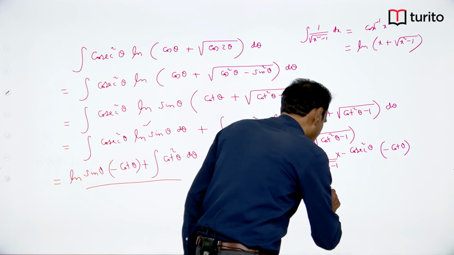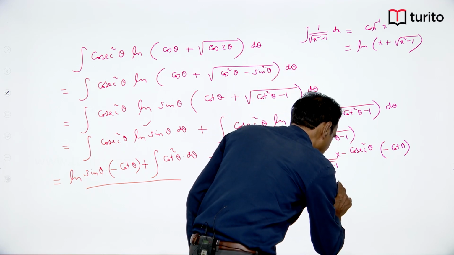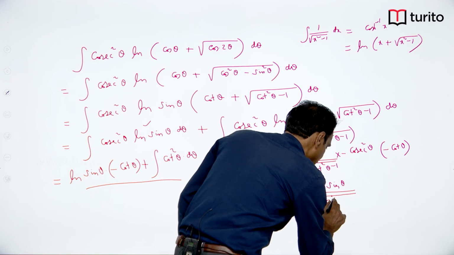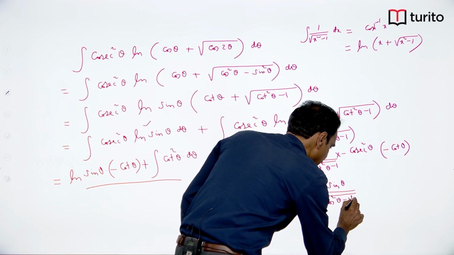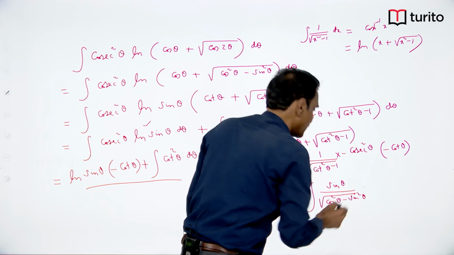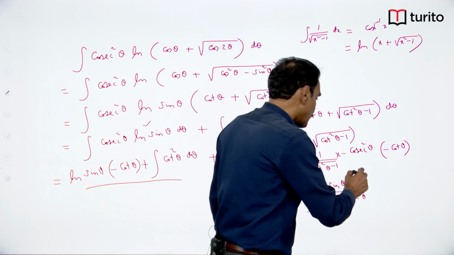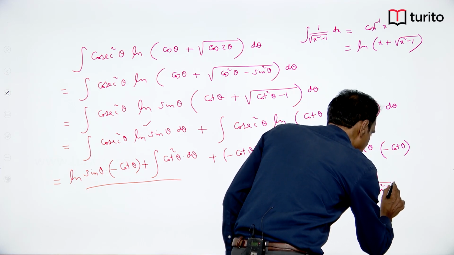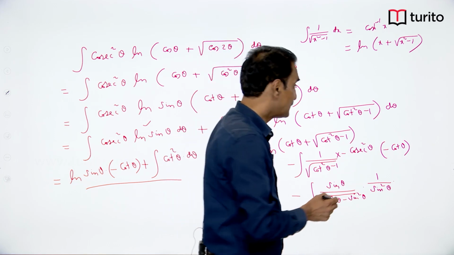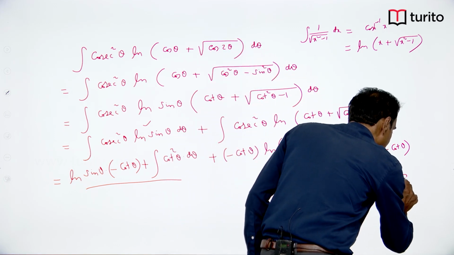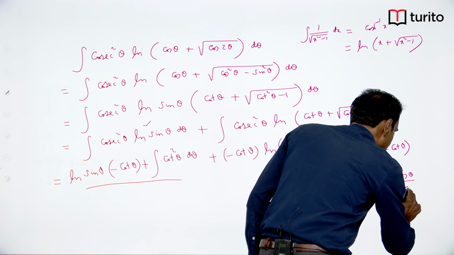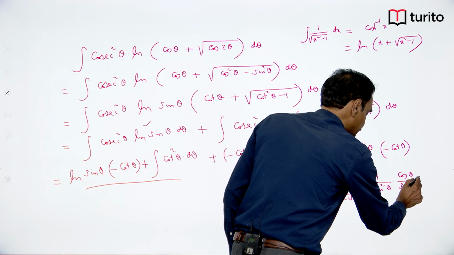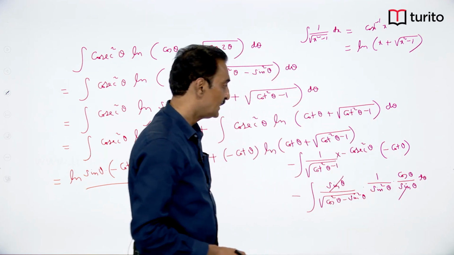So sin theta will come up by root over cos square theta minus sin square theta into 1 by sin square theta into cos theta, cot theta is cos theta by sin theta. Sin theta cancels. Okay.